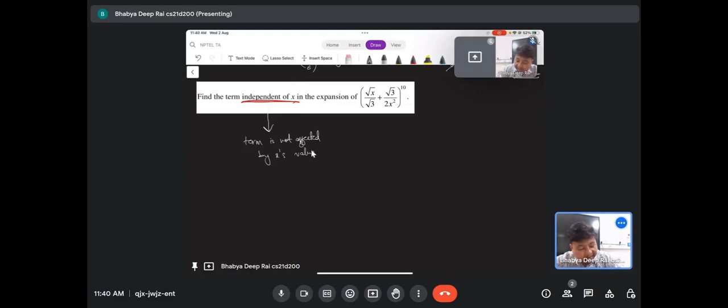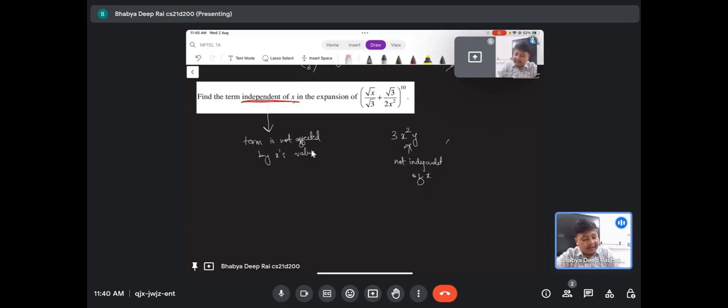So for example, is x square y independent of x? It is not independent of x, because when x equals 2, x square equals 4, and when x equals 3, x square equals 9, it will totally change the value of the term. So this is not independent of x.